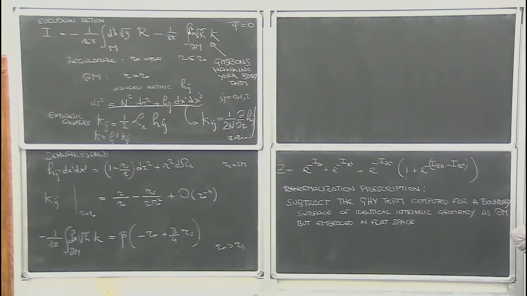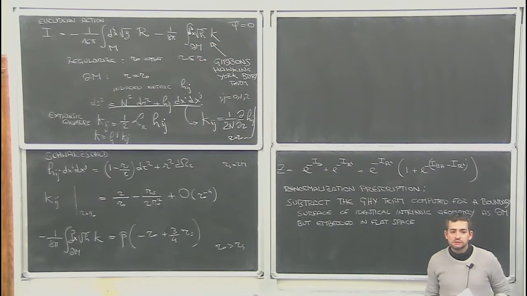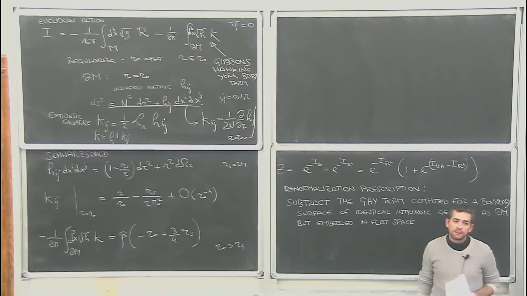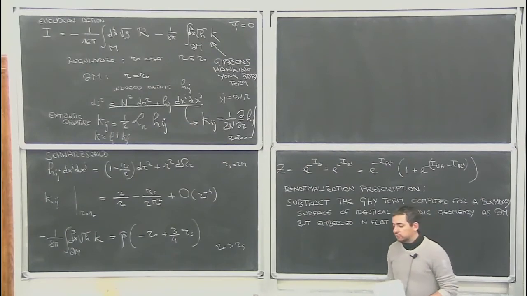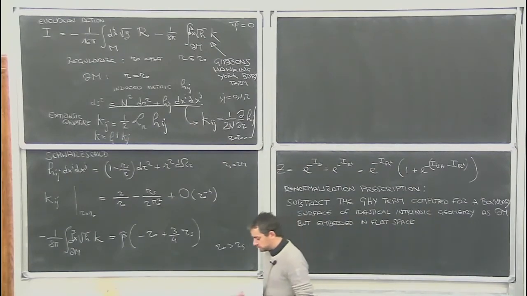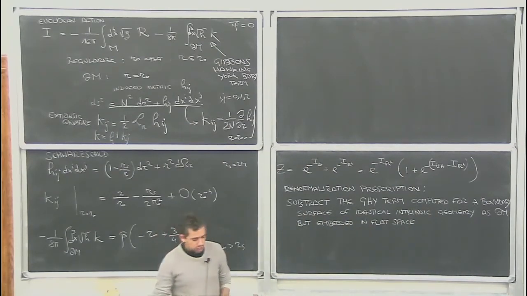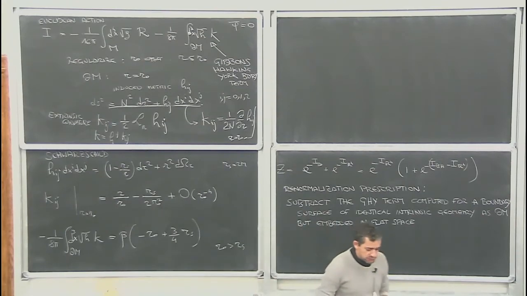Yes? I understand that this description is reasonable, but is there any sort of analog to how in QFT there is scheme independence of physical quantities? So for example, if I choose another boundary for M which is not a sphere, or subtract something else which is not flat space, do physical quantities such as the entropy change? Yeah, okay, so the question is interesting, and it may also lead to confusions.